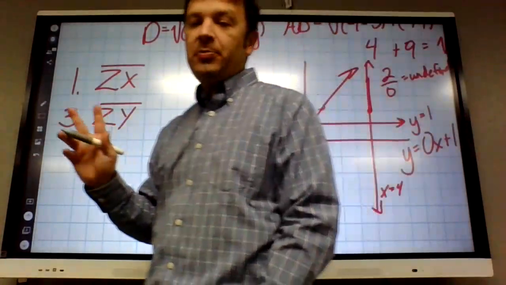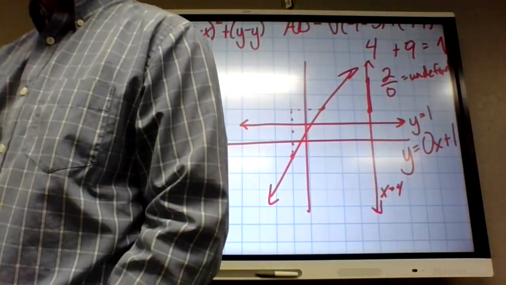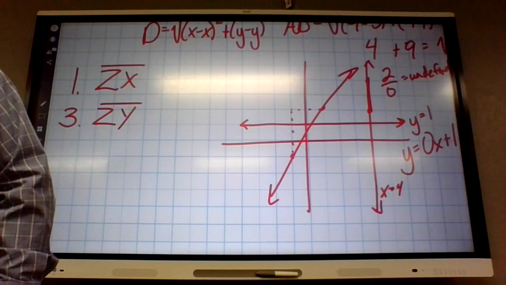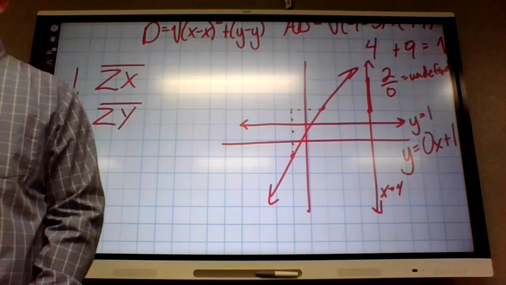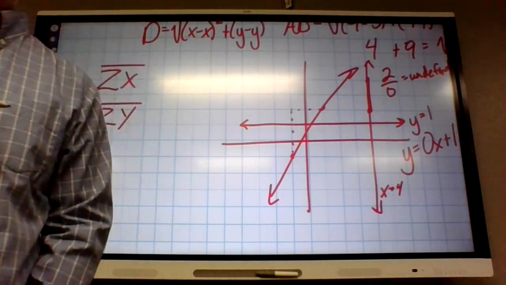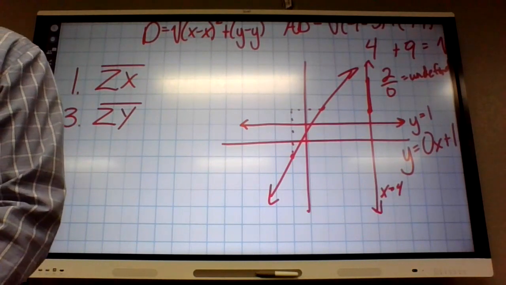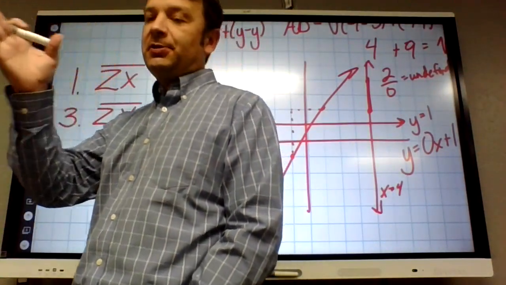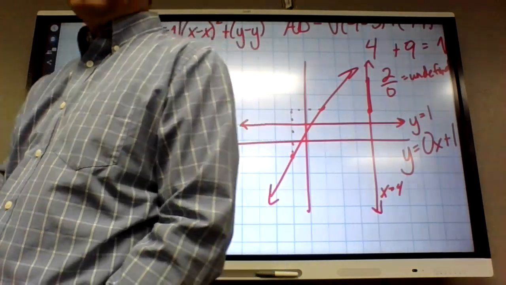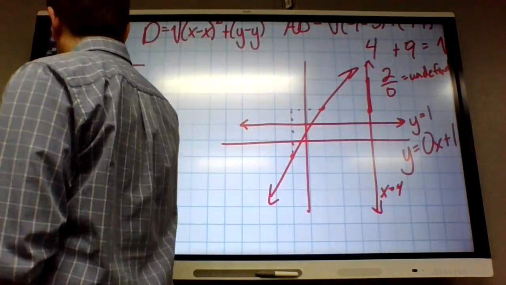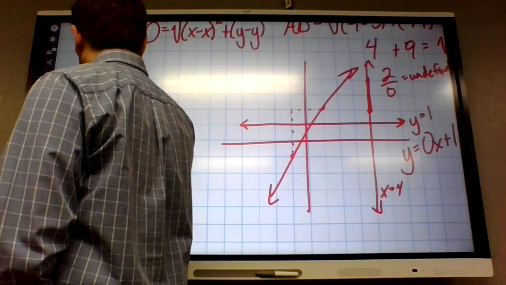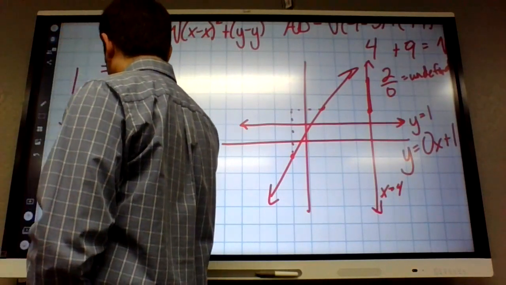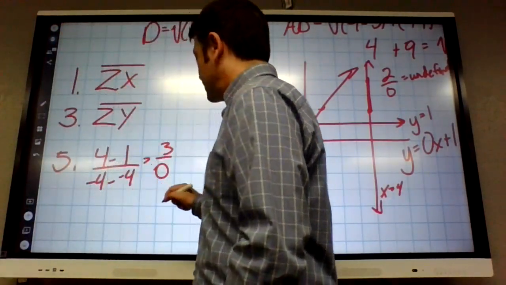But anyway, number 5, we're supposed to find the slope of segment AB. You guys see AB in the picture? Undefined. It's going straight up. If you did the slope formula, it'd be y minus y, it'd be 4 minus 1 over -4 minus -4. So it'd be 3 over 0.